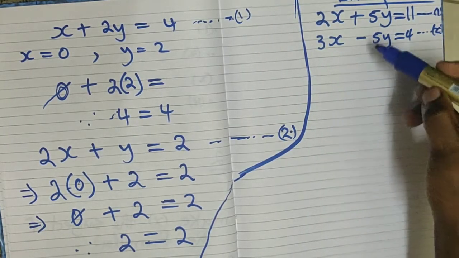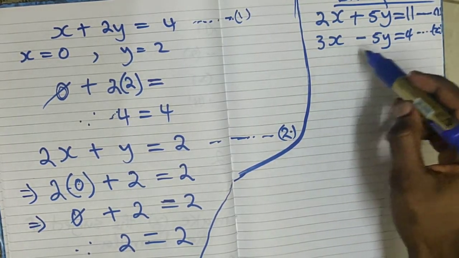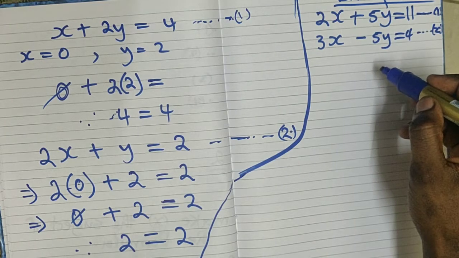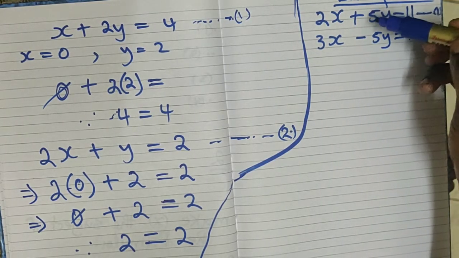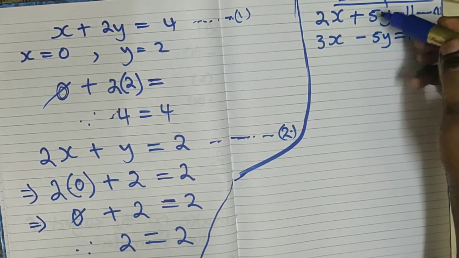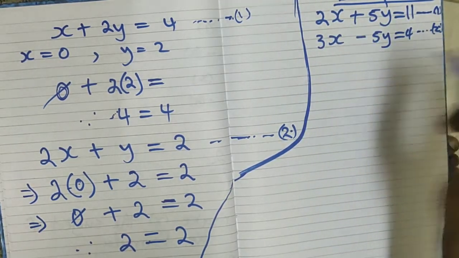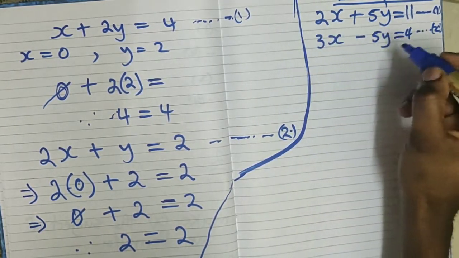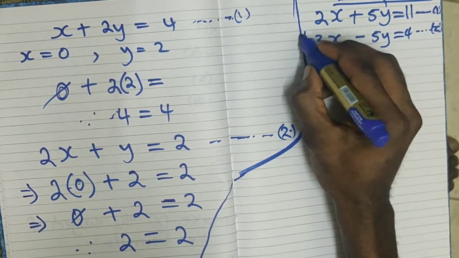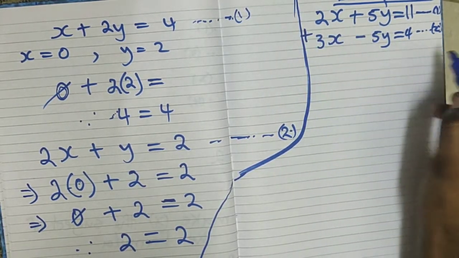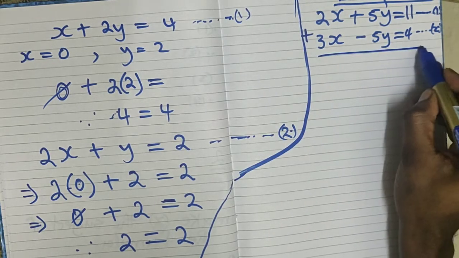What we are actually looking for is making one of the variables 0. So let's add these two equations.